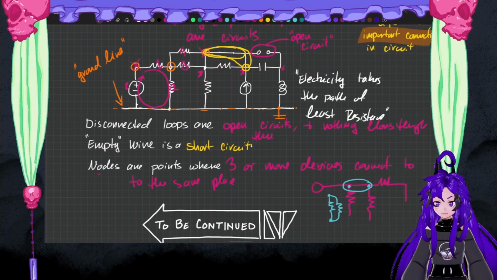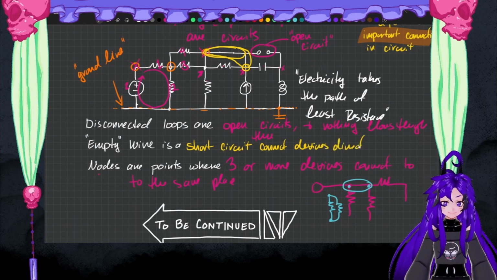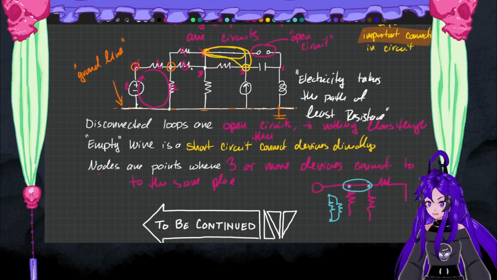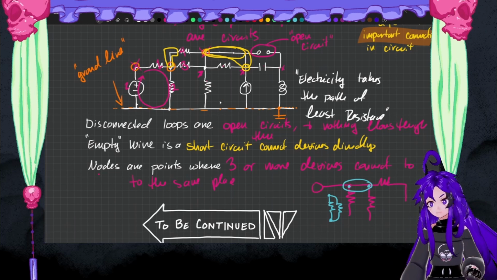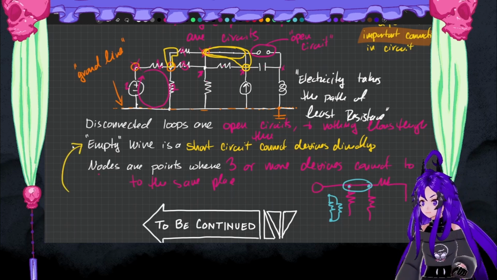So short circuits connect devices directly. And you can also look at it like it's just any other segment of empty wire, but specifically short circuits can be a problem.